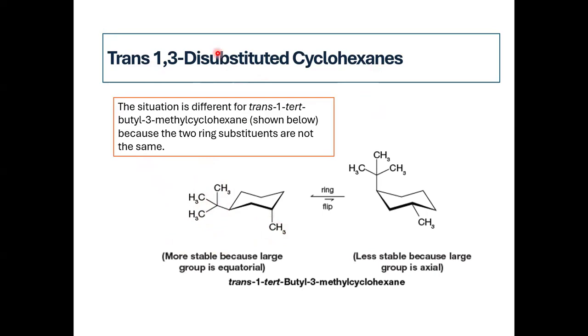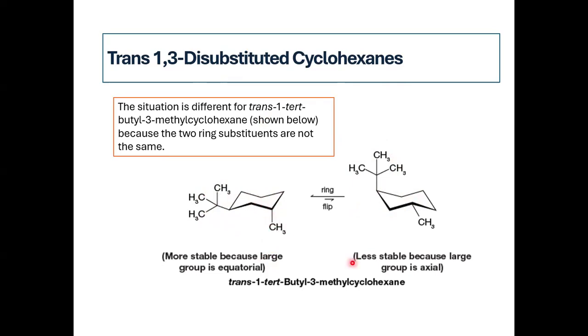So therefore, the tert-butyl 3-methyl cyclohexane is a trans isomer. Okay, if you flip, this is up. You flip this, what will happen to the tert-butyl? Is it still up or is it down?